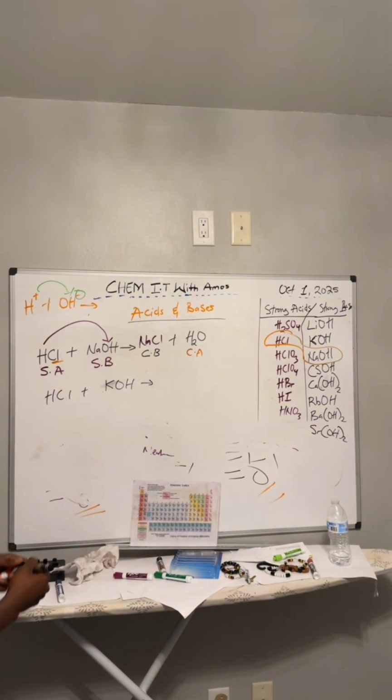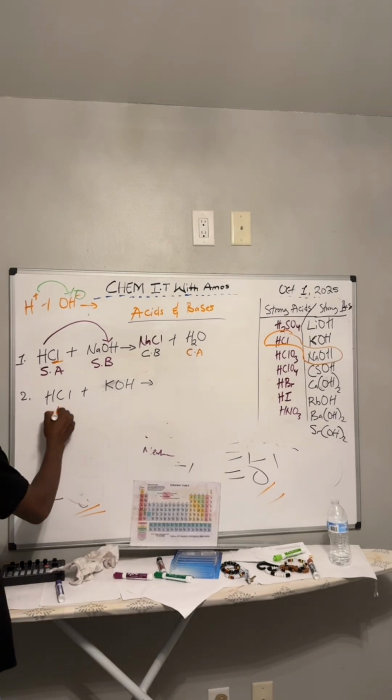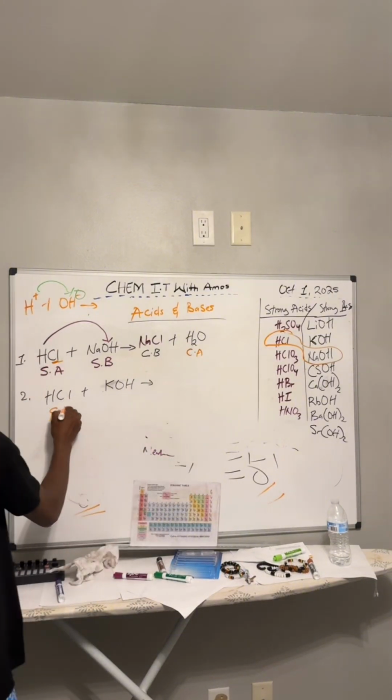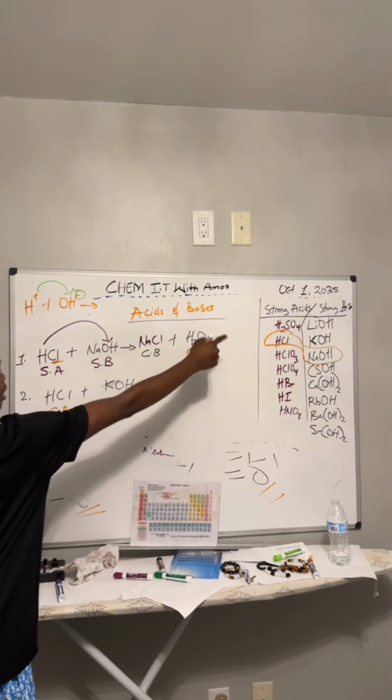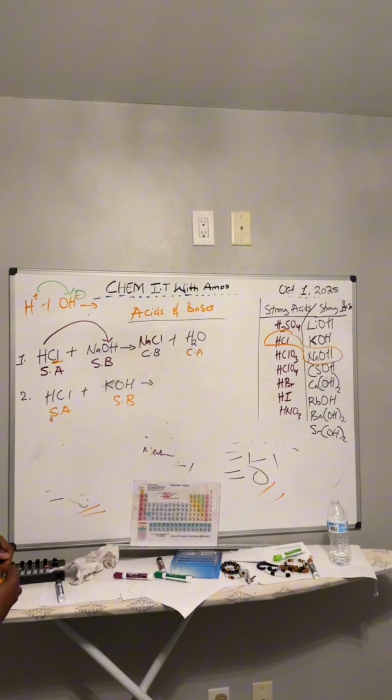They say identify the conjugate acid and conjugate base here. So first, this is a strong acid. So we say SA because it's part of those strong acids. And the base too is there. So it is SB, strong base. So yeah, it's very simple again.